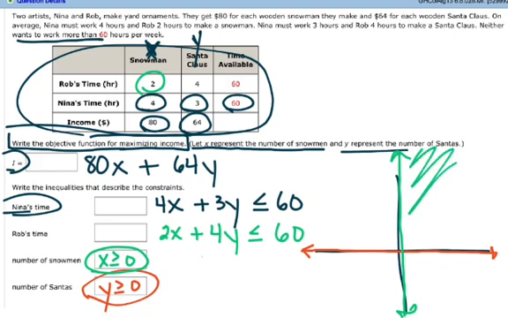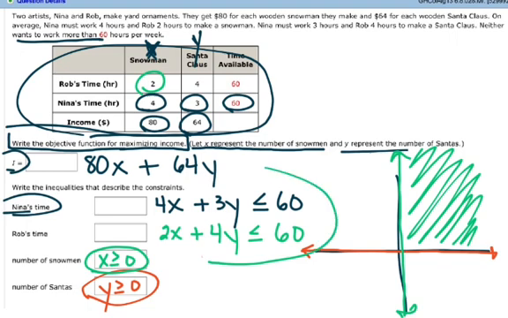We're only looking at stuff in this quadrant, because we're always looking for the intersection. You're looking to see where those two lines intersect.